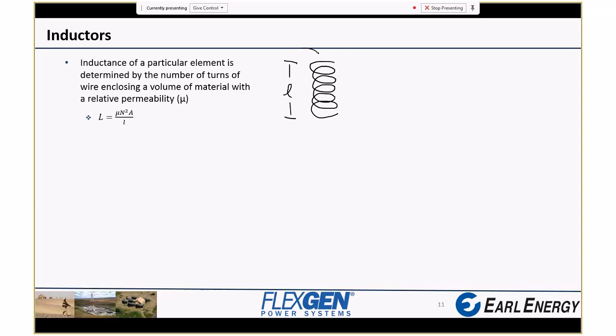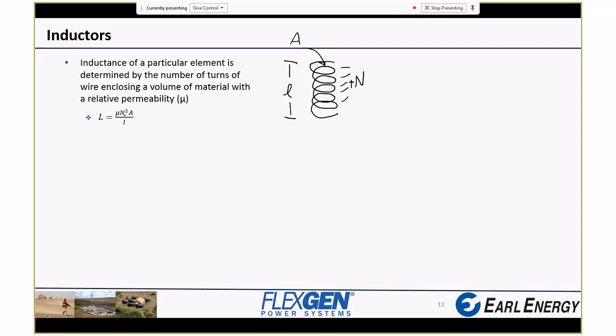There is an area that the coil encircles, and that could be a circle, it could be a square, it is an area. So that part's not too bad. N is the number of turns.